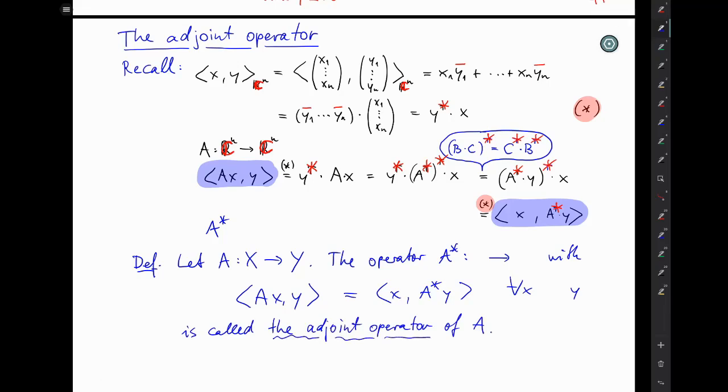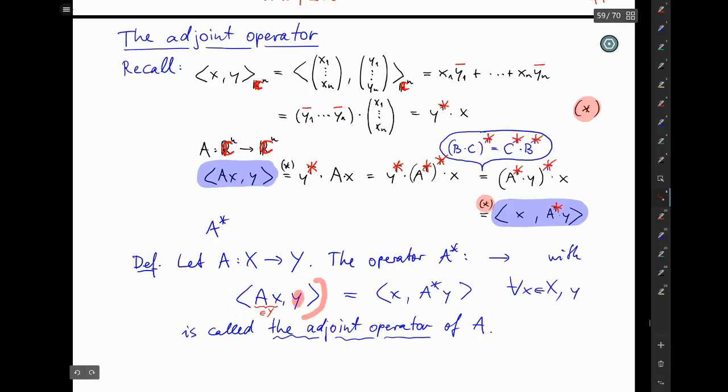Okay, so we clearly have some gaps here that need to be filled. Maybe let's start over here. We are applying A to this little x, but A is taking elements from capital X, so little x must be in capital X. Okay, and then this result of Ax will be in capital Y. And then it is placed in a scalar product with little y.